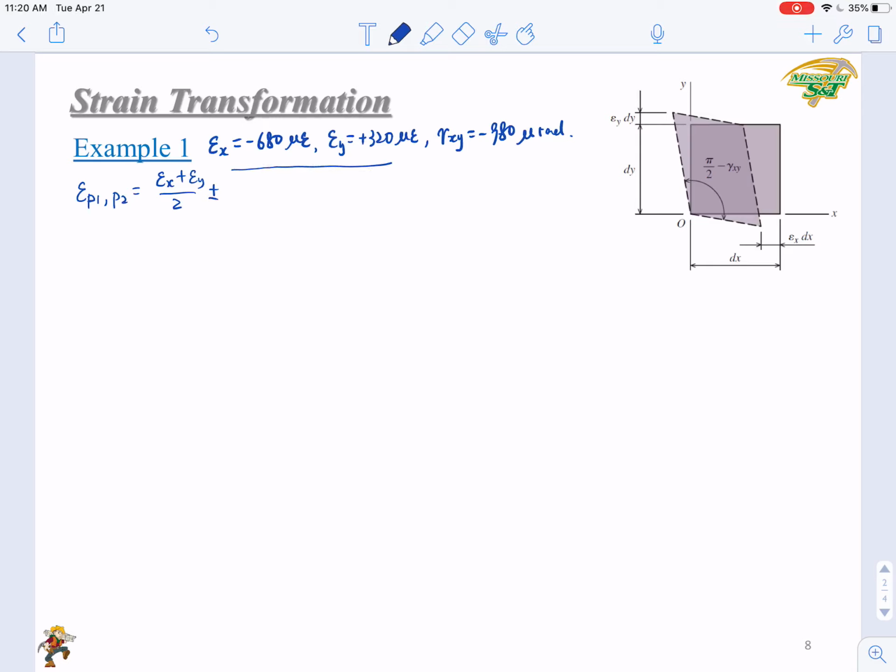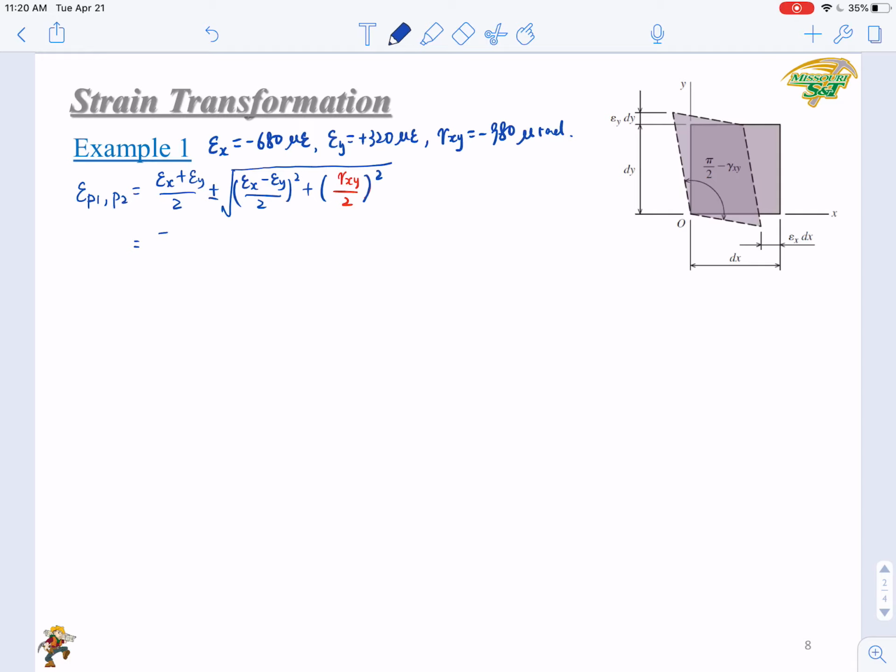For the radius we have the square root of epsilon x minus epsilon y over 2, squared, plus, and here is the important part, gamma xy over 2 squared. Do not forget the over 2. Then just use the values that have been given and we can do this calculation.